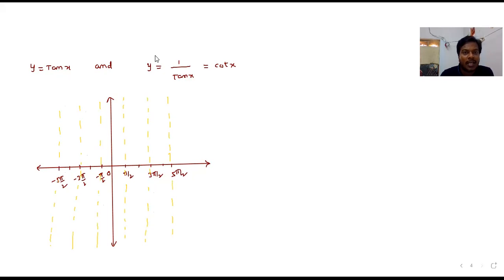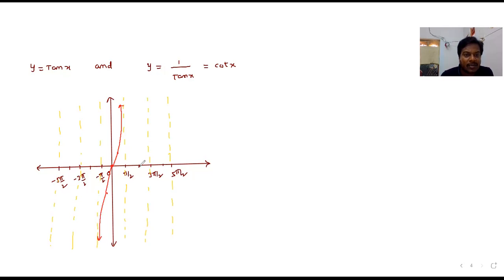Okay. Next, tan 0 is 0, tan pi by 4 is 1, tan 90 is not defined, it approaches infinity. Next, tan of minus pi by 4 is minus 1. Next, tan of minus pi by 2 approaches minus infinity. This is the graph.